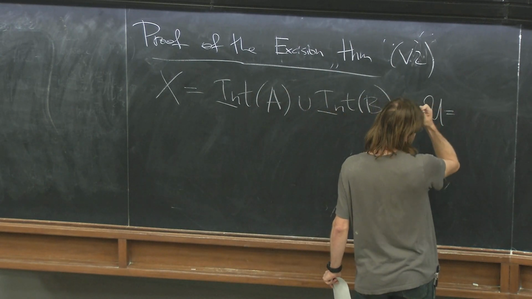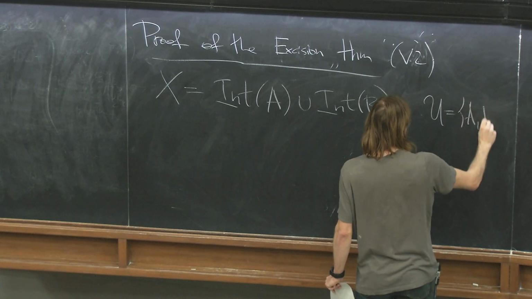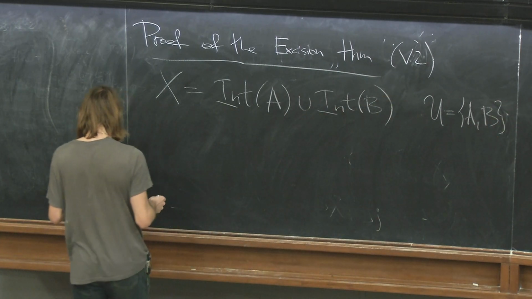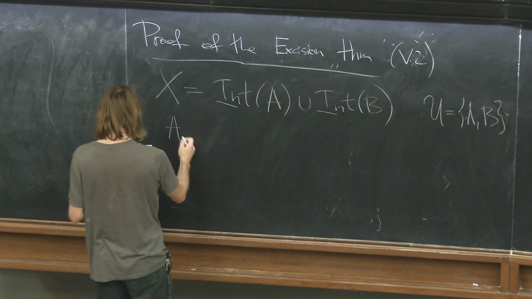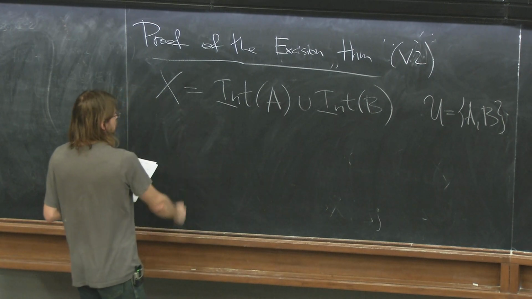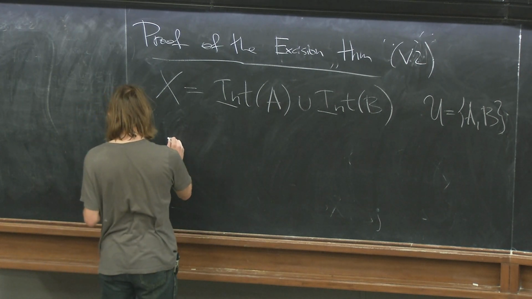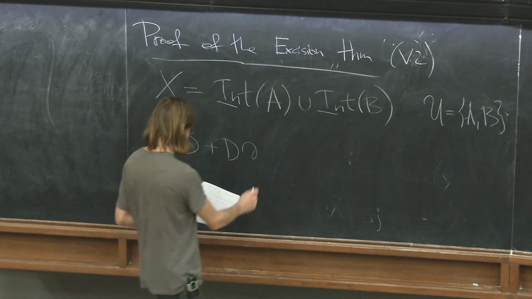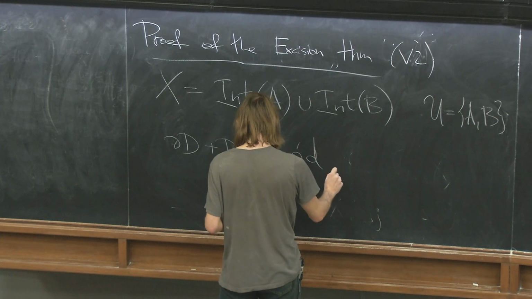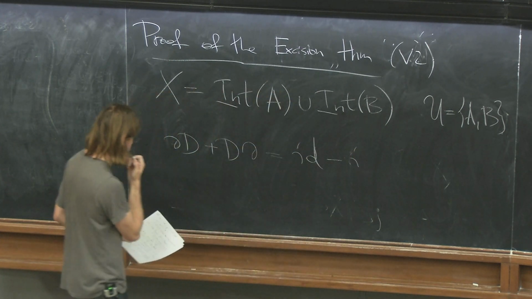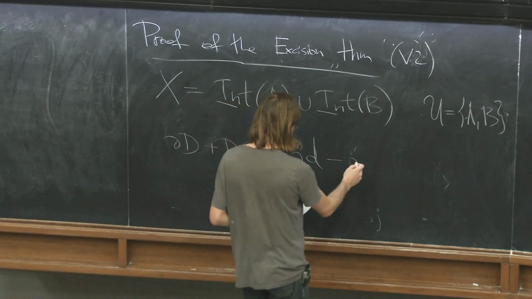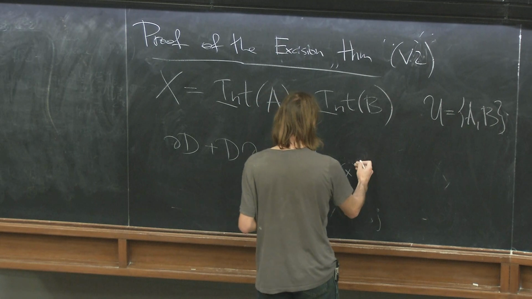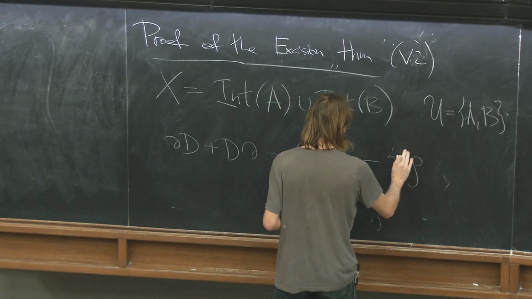And indeed, we just take our collection U to be the collection of just two subspaces, A and B. And the lemma we had tells us that there exists a chain homotopy D between the identity on Cn of x and the composition of inclusion and rho.